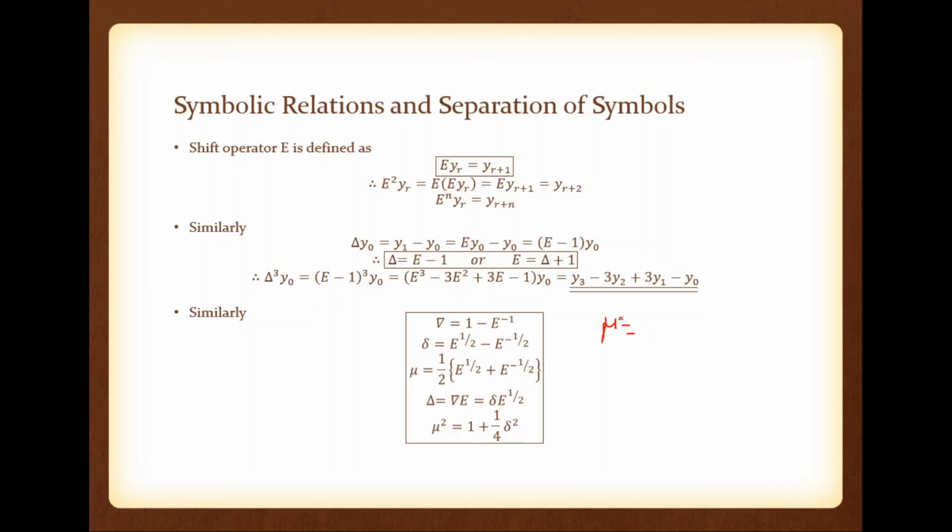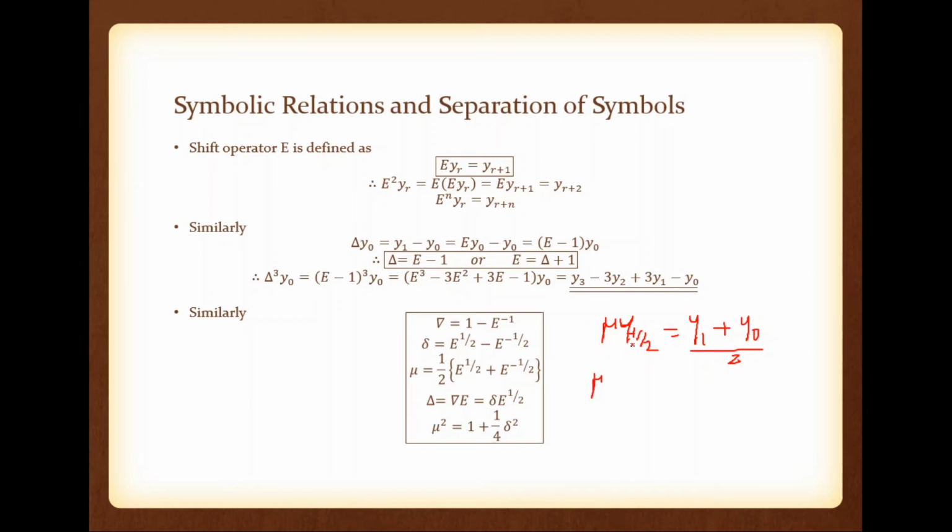For example, mu y 1 by 2 means the average of the next data and the current data. Mu y 1 by 2 means the next data y1 plus the current data y0, divided by 2. So mu y 1 by 2 is y1 plus y0 divided by 2. Now you can see what y1 by 2 is with respect to y0.